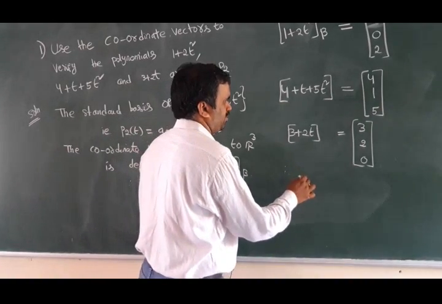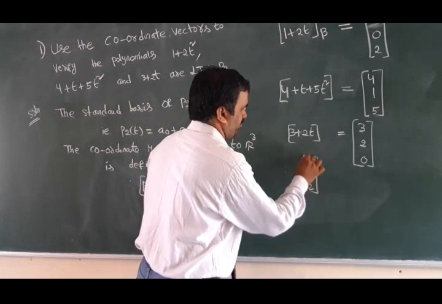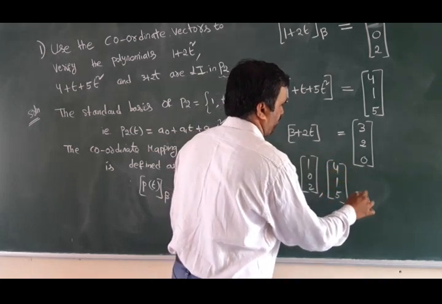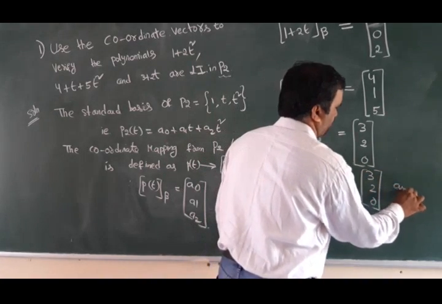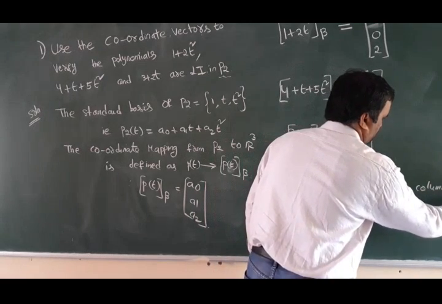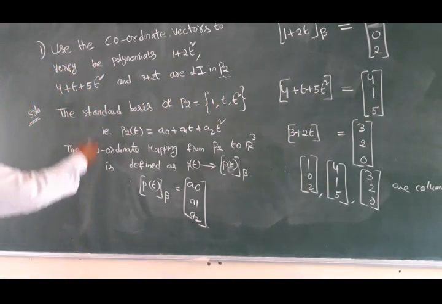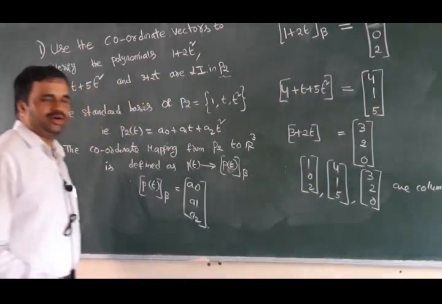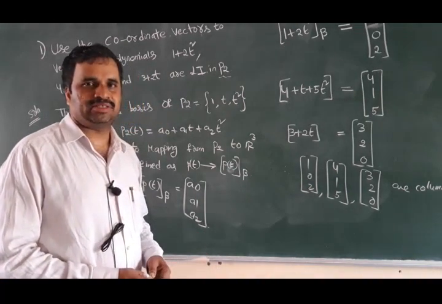Therefore we got 3 column vectors: (1, 0, 2), (4, 1, 5), (3, 2, 0). I will write the linear equation.